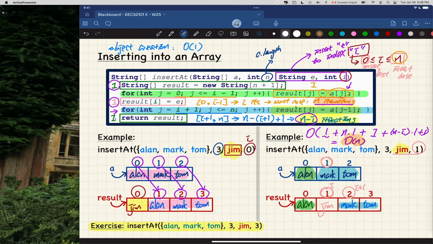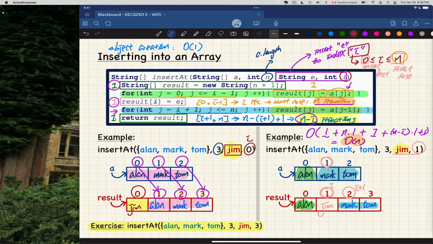This tells you that in order to insert something into the array and do all the necessary copying, shifting, etc., it's going to be a linear operation. Very important for you to really understand. And then you can try maybe insert at over here. So this one is the worst case for.